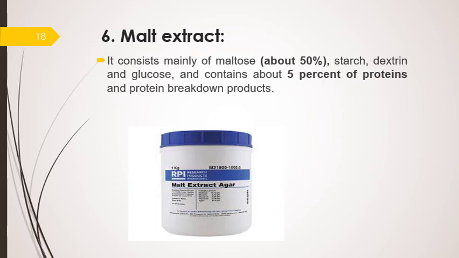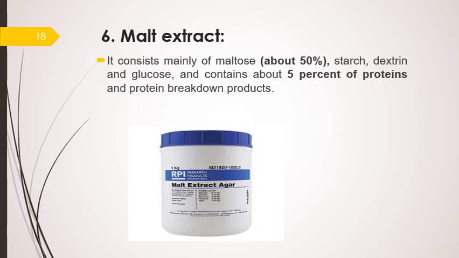The next ingredient of culture media is malt extract. Basically it is a sugar, with nearly 50% maltose present in this extract. It also contains starch, dextrin and glucose, about 5% proteins and protein breakdown products, and a large number of mineral salts and growth factors.